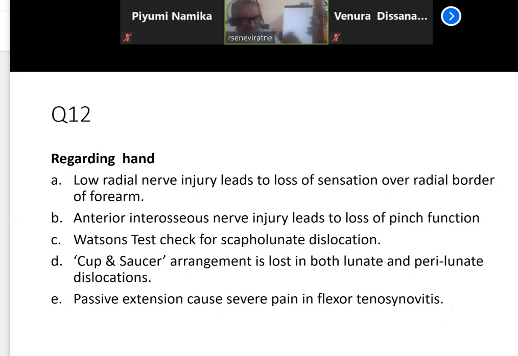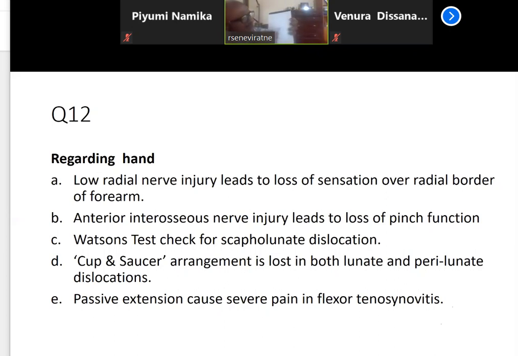Okay. So I hope you can see this. Now, this is the radius, the distal radial articular surface. This is the lunate. This is the cup and this is the saucer.